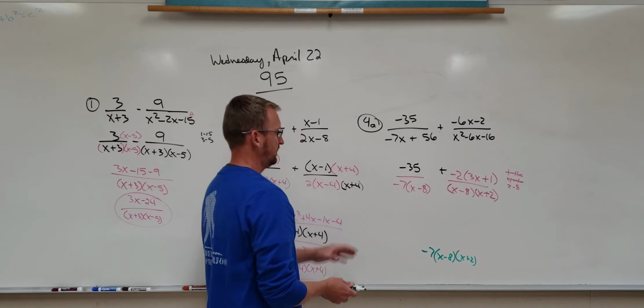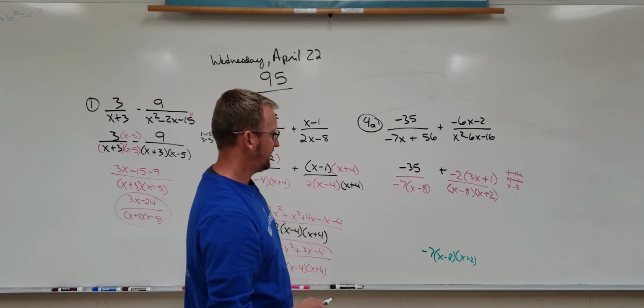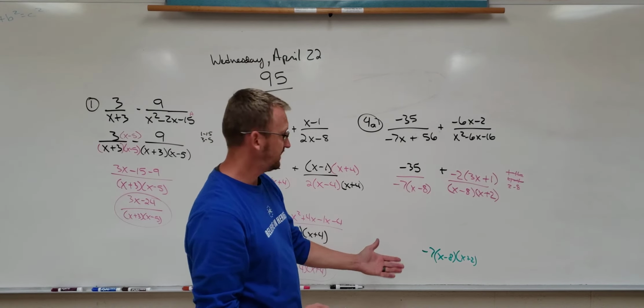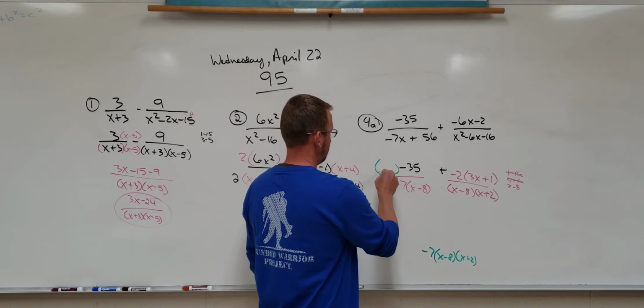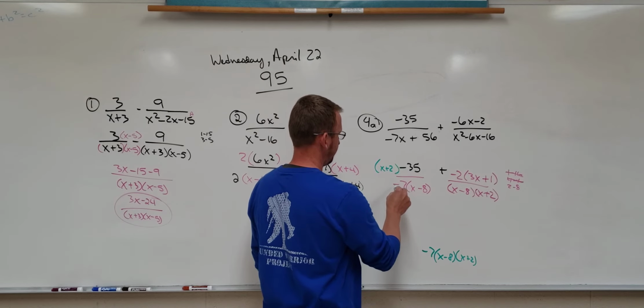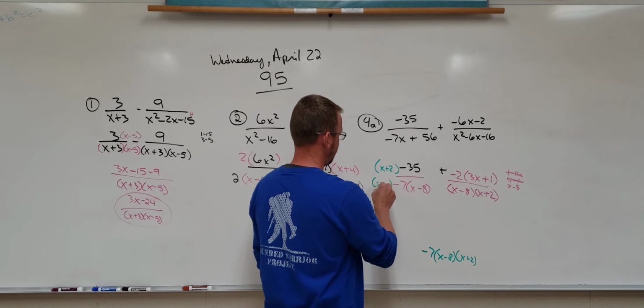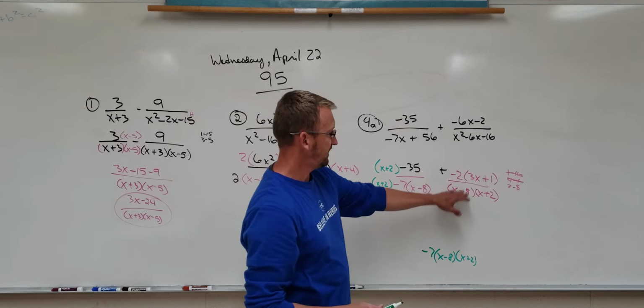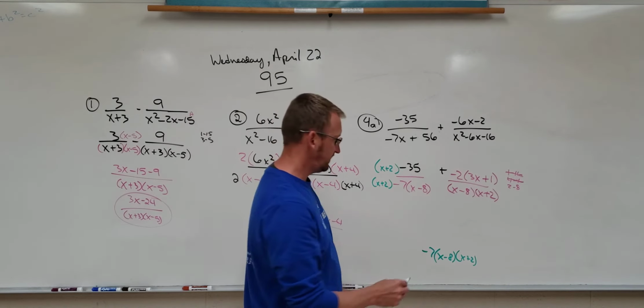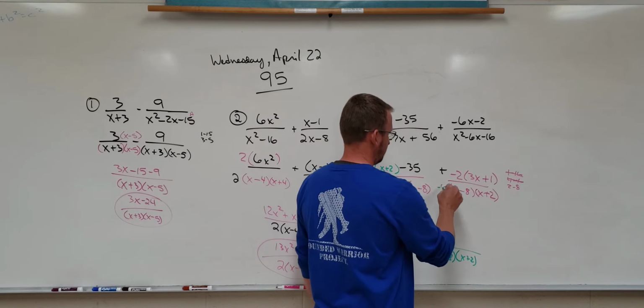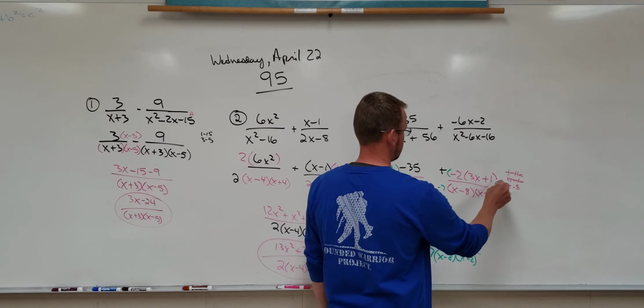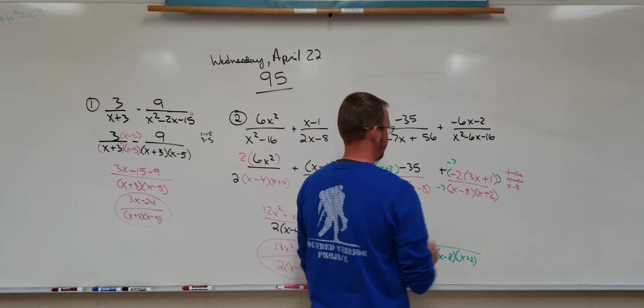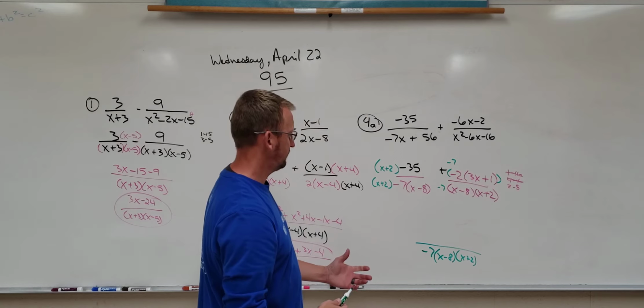So, what am I going to multiply both of these by that is not in my common denominator? X plus 2. What am I going to multiply here that is not in my common denominator? Negative 7. Okay? So let's start doing the math.